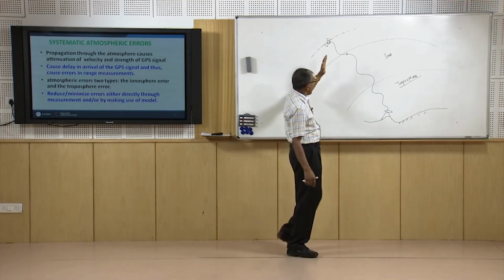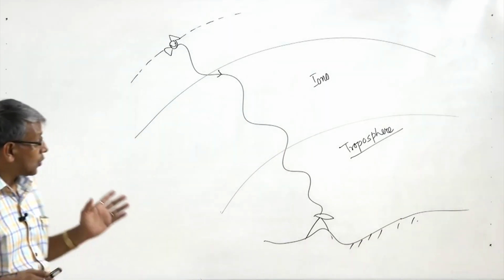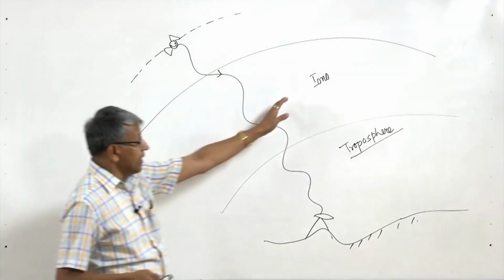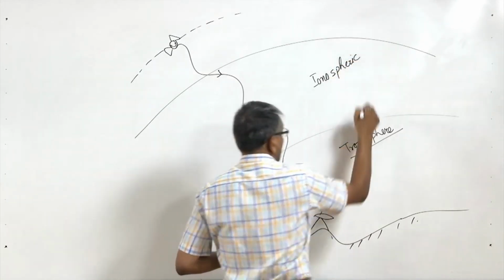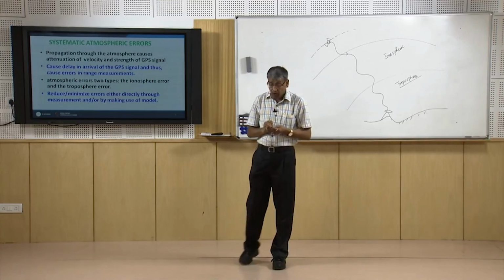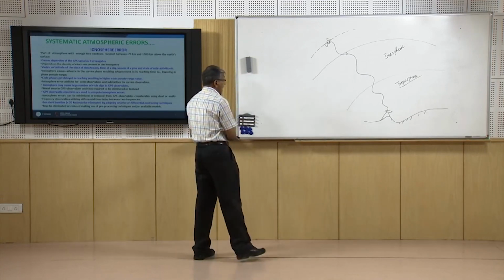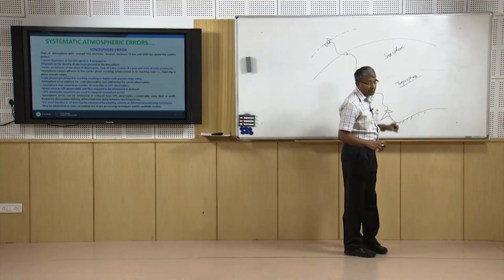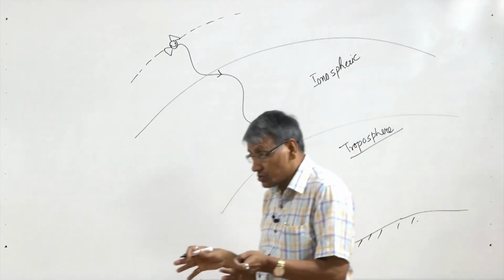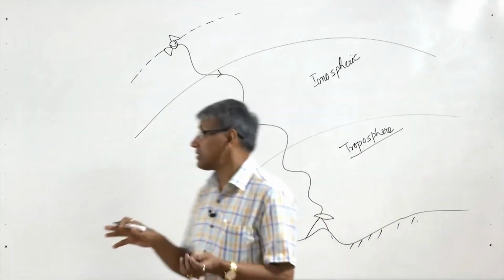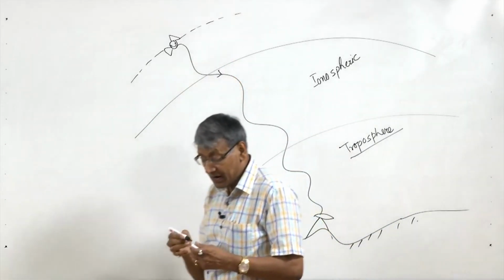Depending on the type of interaction that the GPS signal undergoes as it propagates, there are two types of error: one is called ionospheric error and the other is called tropospheric error. For GPS, the ionosphere is that part of the atmosphere which has a significant amount of ions that affect the propagation of the signal, because the GPS signal is electromagnetic in nature.